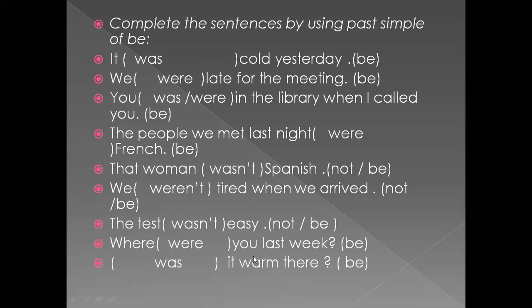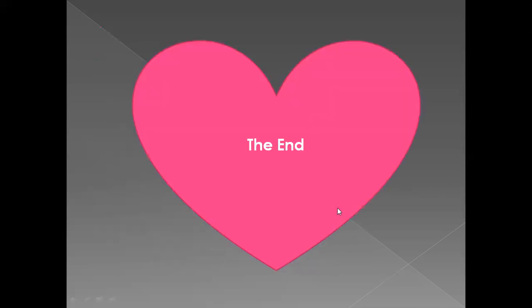Here we have you, and you is a plural subject, so we should use were. So it becomes, were you last week? And was it warm there? Here we have it, and it's a singular subject, so we used was with it.